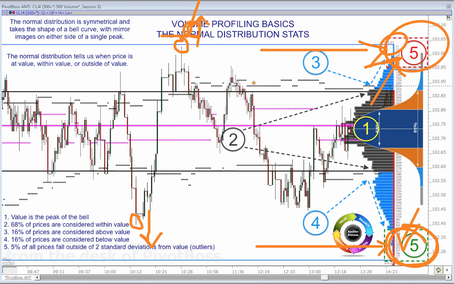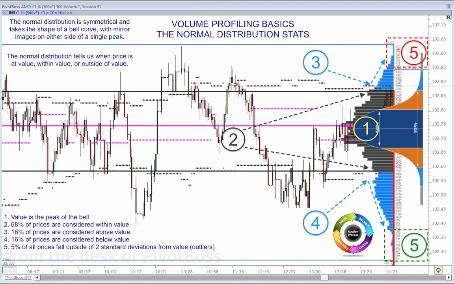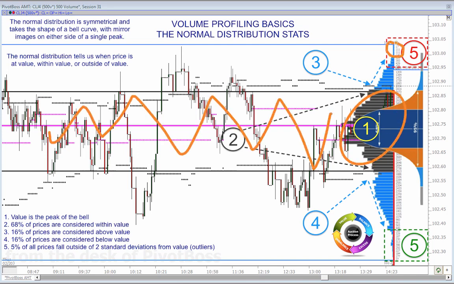So LVNs are perhaps the strongest areas to watch on the charts at all times, because those are the points where price is rejected. There's low volume in those areas for a reason, because if all the volume is in acceptance and that's where everyone's trading, when price gets outside, that's when no volume occurs.